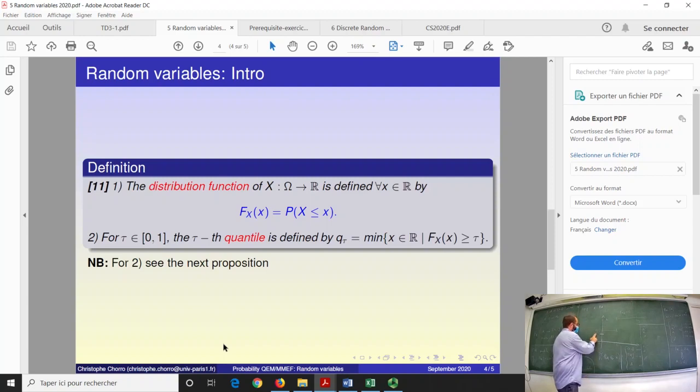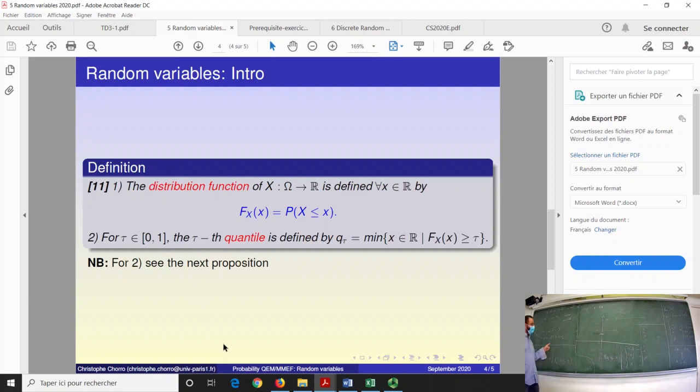If I take tau to be here, for example, what will be the tau quantile in this situation? 1. And you have the two cases, 0 or 1, in this particular situation. And why is this well defined?